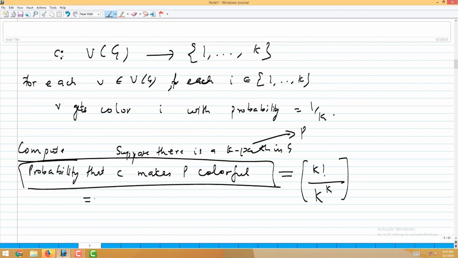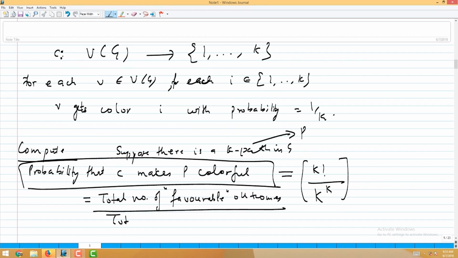So the formula for probability is the total number of favorable outcomes by the total number of outcomes in this experiment that we have done.